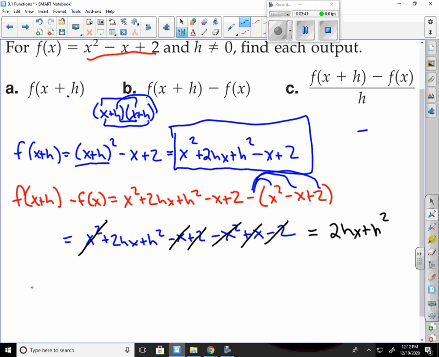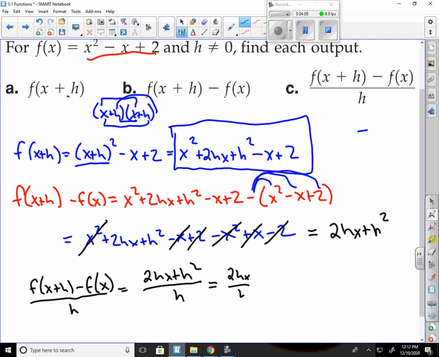Now for part C, I'm doing all of that on the top over h. So that's 2hx plus h squared over h, which really means 2hx over h plus h squared over h.